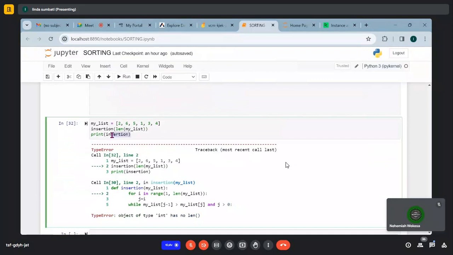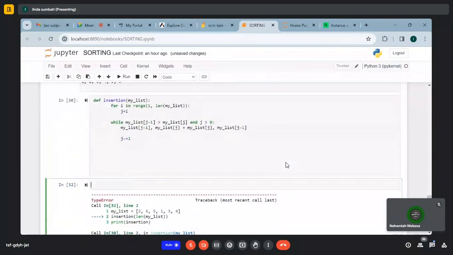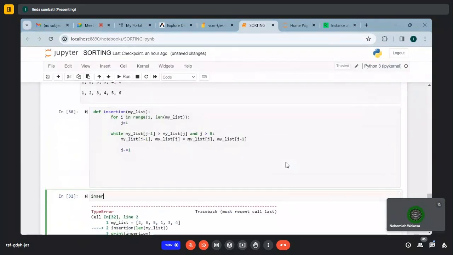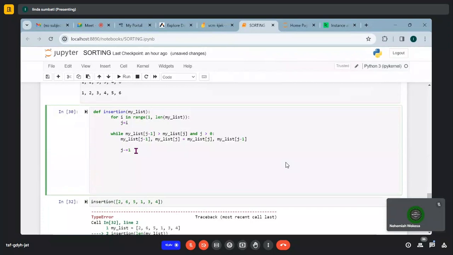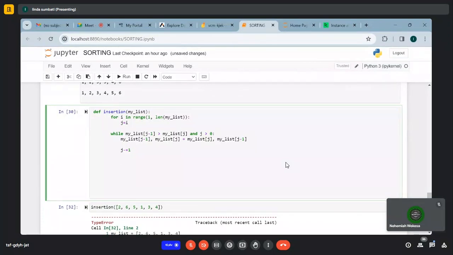Linda, what if we just do this? On our function, did we require a return after J decrementing? Yeah, we need to return my list, because it's a function, right? Yeah, I think we need that.